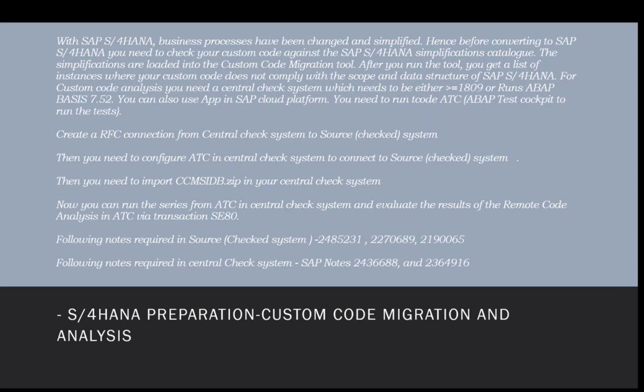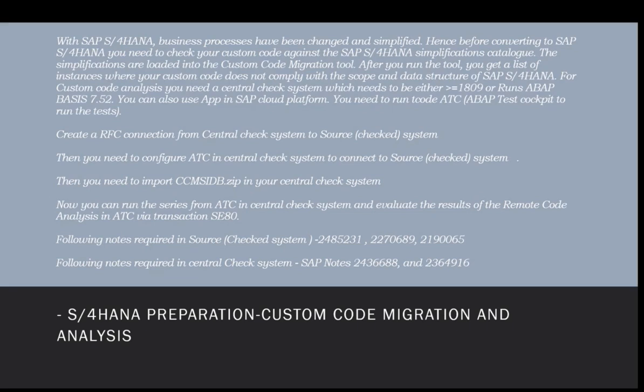So along with the SI check and readiness check, we also have a custom code check, which is more on the ABAP end, which needs to be checked before going for the conversion process. Basically, it checks all the code available in the current system, whether it is compatible in the target system or not.